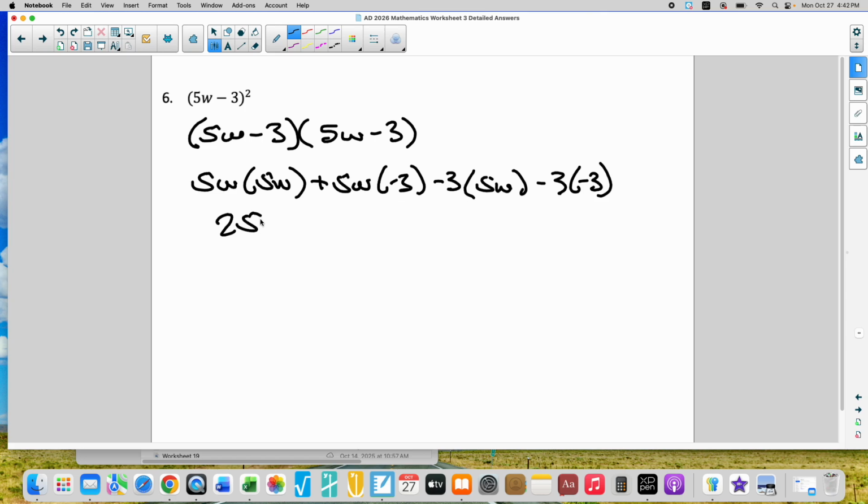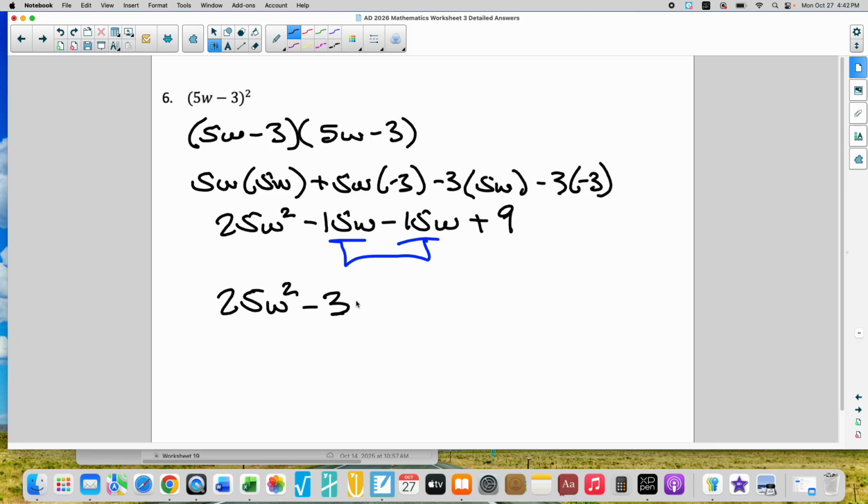That gives us 25w squared, negative 15w, negative 15w, plus 9. These are like terms, which gives us 25w squared minus 30w plus 9.